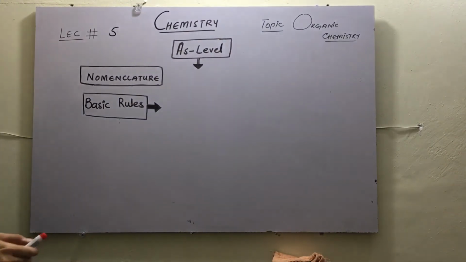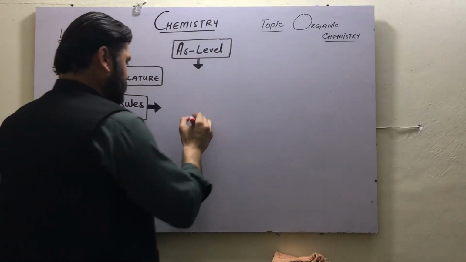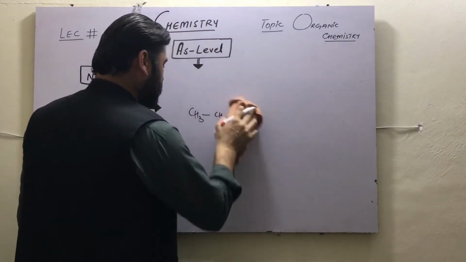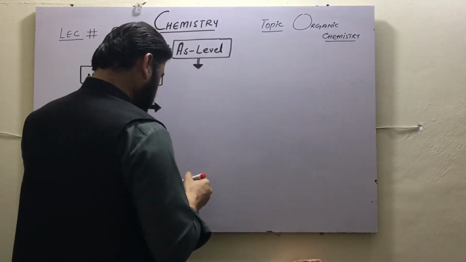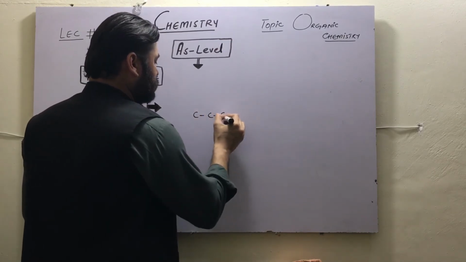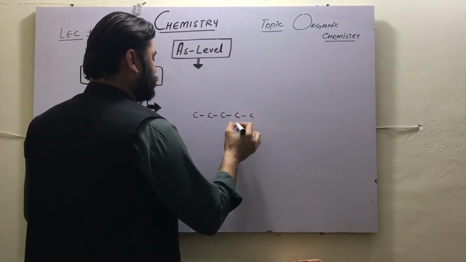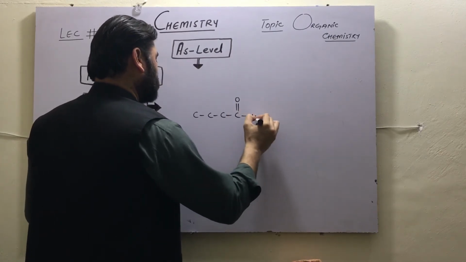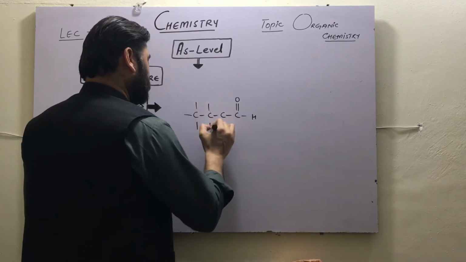Suppose there is a compound, let me write a structure, CH3, CH2, in display form. Suppose the structure is 1, 2, 3, 4, 5 and C double bond O is there and H is present. So what will be the name?